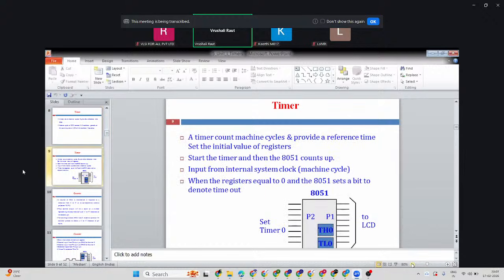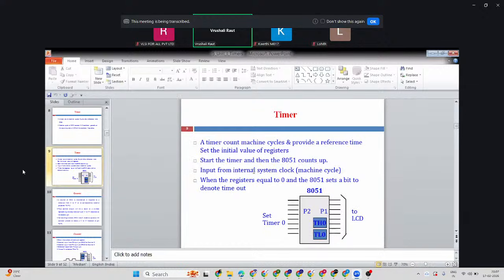Okay, coming to the diagram of the timer. The timer counts machine cycles and provides a reference time; set the initial value of the register. Anyway, leave this theory aside. Look at this diagram. At present we are talking about timer 0.